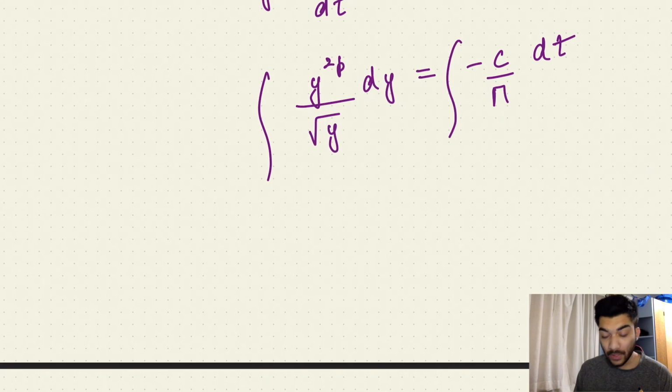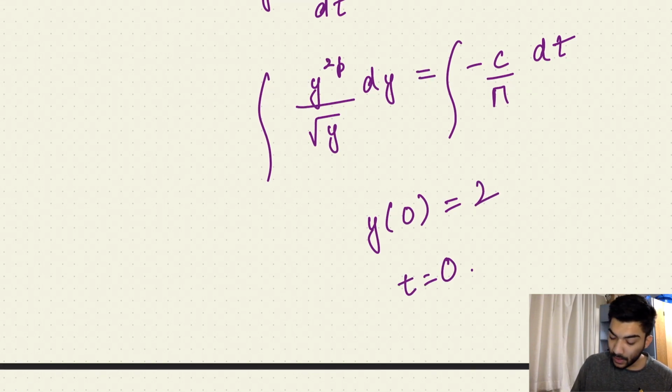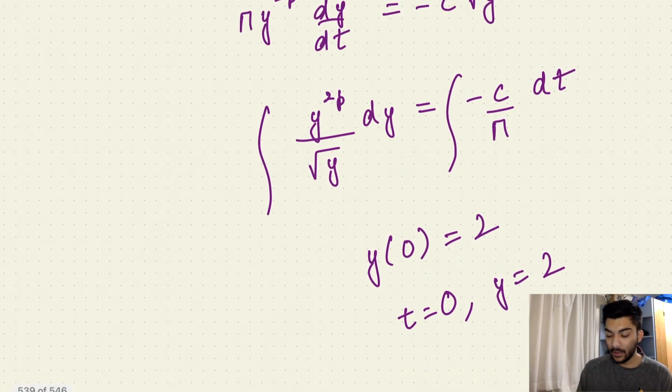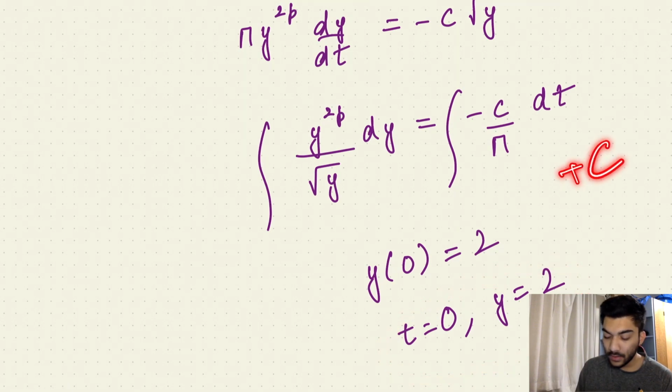We have been given that y of 0 equals 2, which means that when time is 0, y is equal to 2. Based on this initial condition, we'll be easily able to solve for the constant of integration.